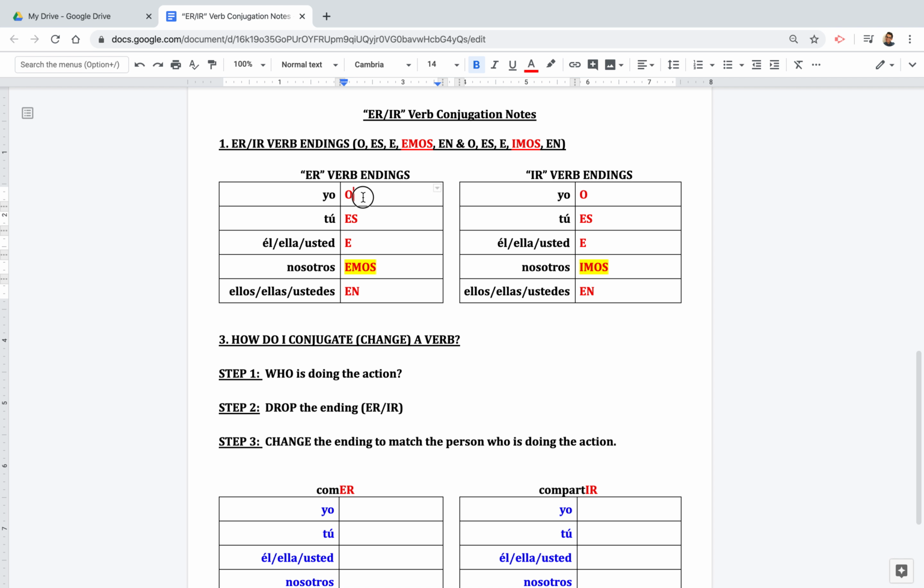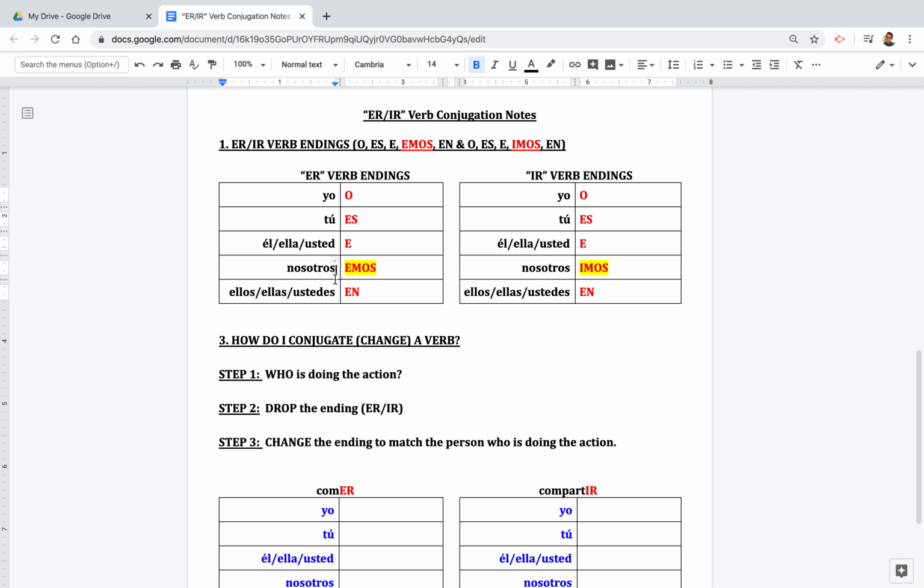Again, say it with me. O, es, e, emos, en. And these endings are going to be the same for the person who is doing the action when we have a verb that ends in er, like comer.